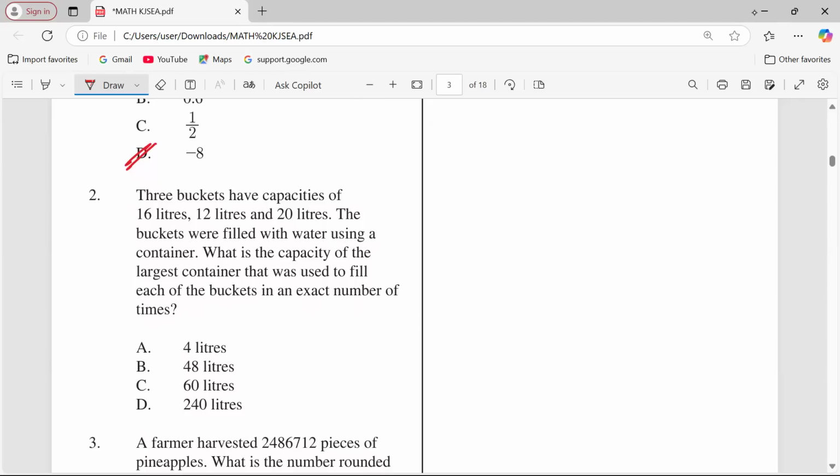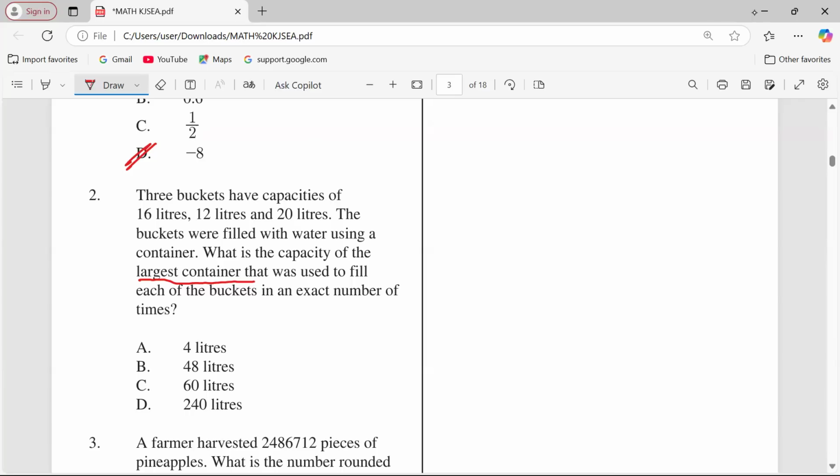What is the capacity of the largest container that was used to fill each of the buckets in an exact number of times? So here we need a smaller container that will fill these buckets.